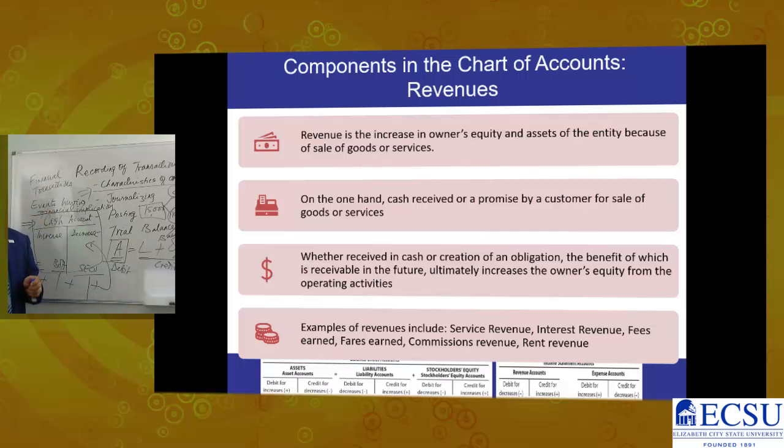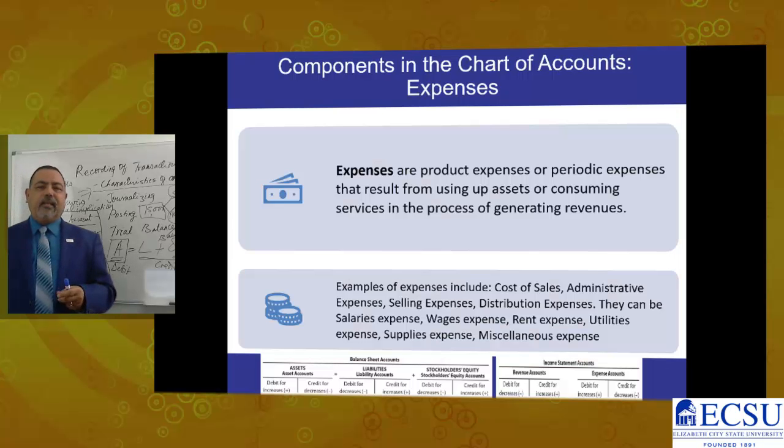Examples of revenue could be service revenue, interest revenue, which is the money that you have earned by investing or lending your money, fees earned by providing services, commission revenue if you're working on commission, and rent revenue.